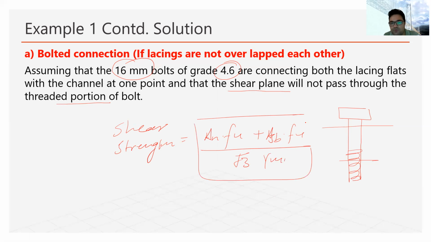This An we generally use when the shear plane passes through the threads, and this ASB we use when the shear plane passes through the shank. So this time I am assuming that the shear plane will pass through the shank, which means we are not going to take the An value this time. Only the ASB value will be taken.